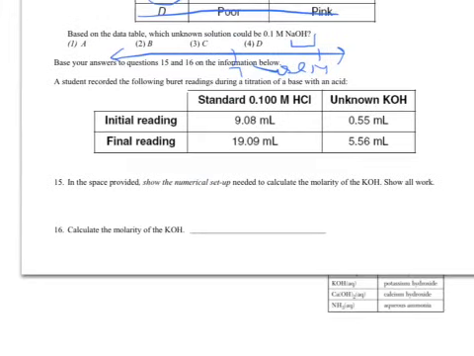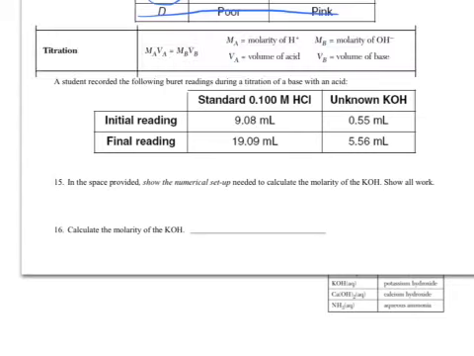In questions 15 and 16, we're dealing with a titration, so we're going to refer to the titration equation from reference table T. Now looking at the problem, let's see what information we can identify. So here we're told that the hydrochloric acid has a set molarity. This is going to be our MA.